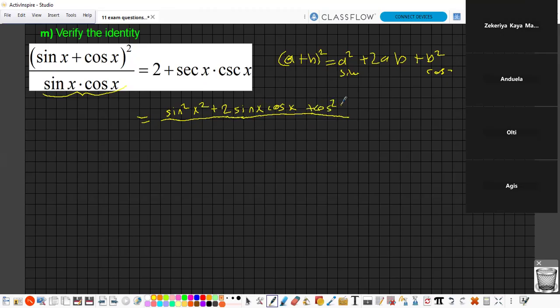plus cosine squared x. It will be cosine squared x, and they are all over sine x times cosine x. So in the top here I made a mistake, there is no power 2 for x, it is sine squared x.